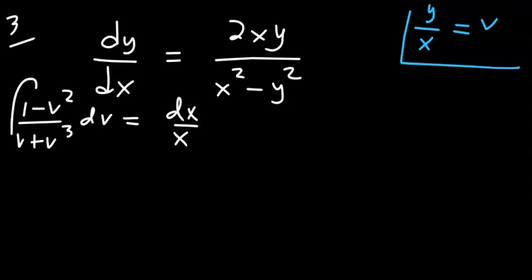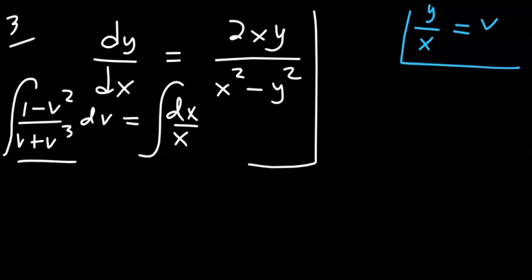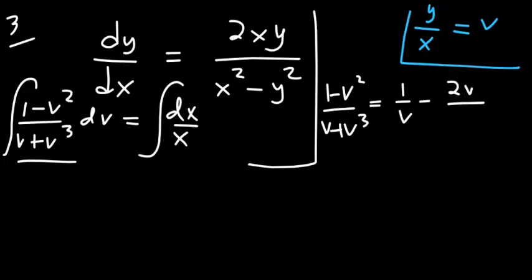And this can be readily integrated. Let's look at the left-hand side integral using the method of partial fractions. 1 minus v squared over v plus v cubed can be rewritten in the following form. It is essentially 1 over v minus 2v over v squared plus 1.